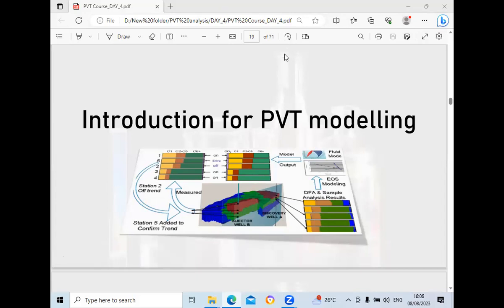So what we'll be looking at basically is how we can model the PVT data. We have been seeing some of these concepts, but we want to look at how we could move beyond the basic concepts that we have been seeing, like PVT matching and all of that.